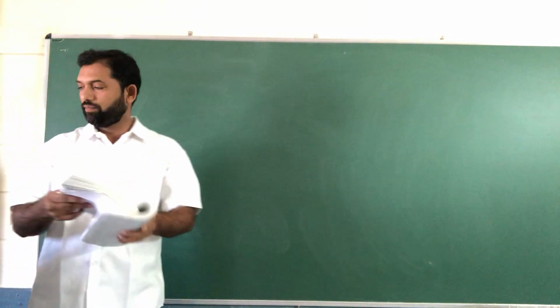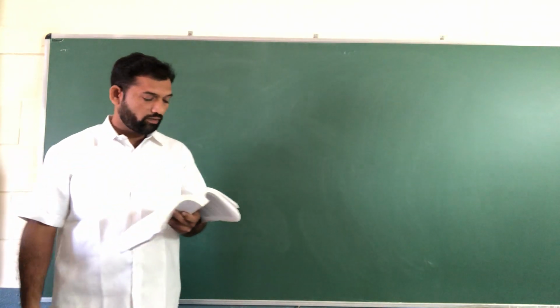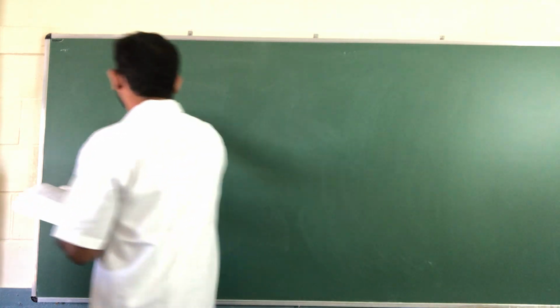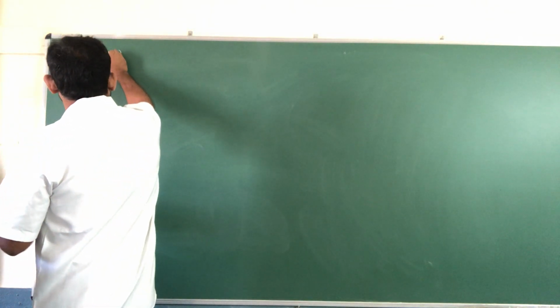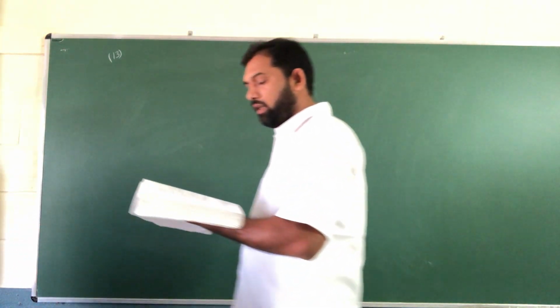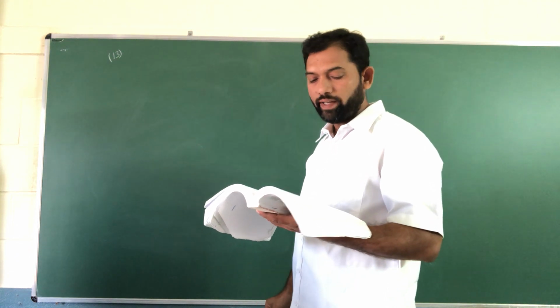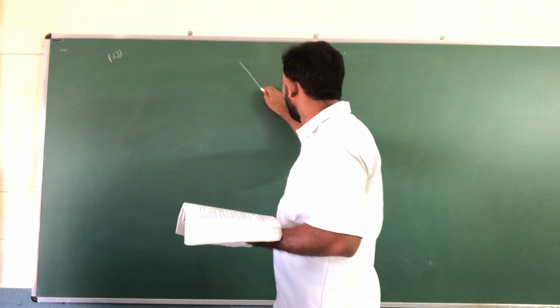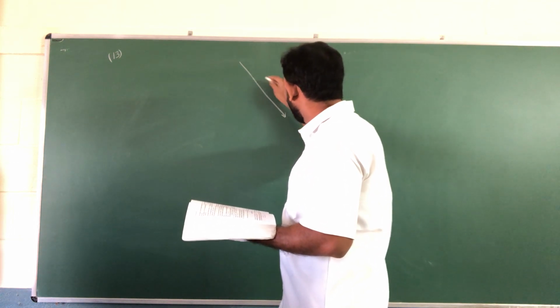Next question you see. So what is our next question? Question number 13: Find the equation of the right bisector of the line segment joining the points. Suppose this is our line segment.